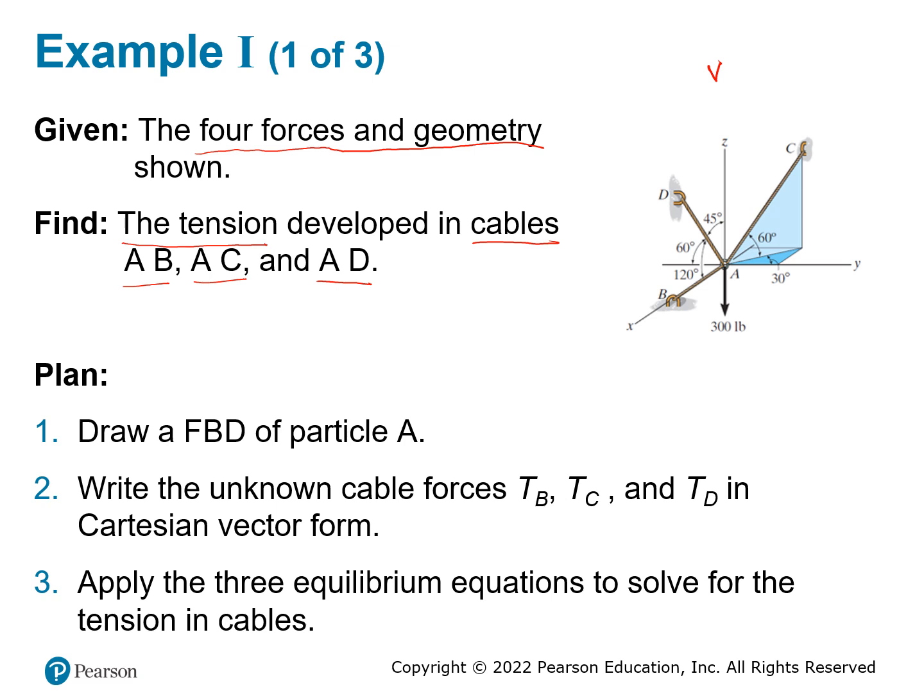We have cables here, here, and here: AB, AD, and AC. The other force is given because we can only solve for 3 unknowns, so one of the forces has to be given, or you can find the force from other information. Here you are given 300 pounds.